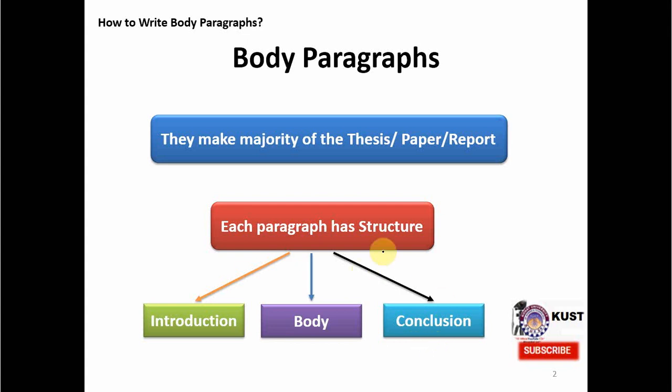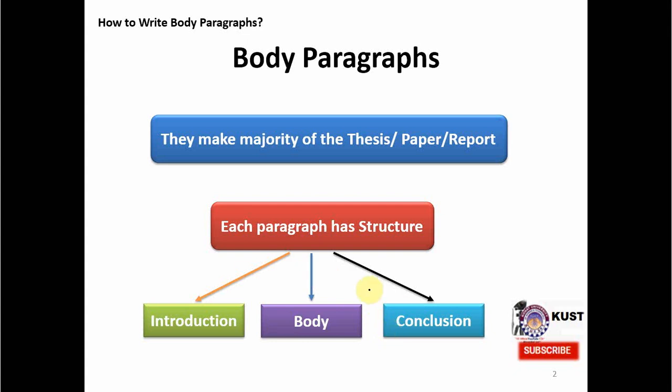So you can see that each body paragraph has its own structure, and that's really important to understand in order to be an effective writer. Now we go through each component of a body paragraph and see how effectively we can write an introduction to a body paragraph, then the body of the body paragraph, and then a conclusion.